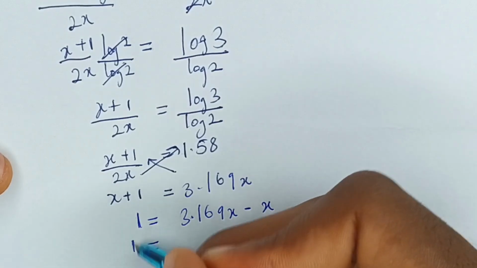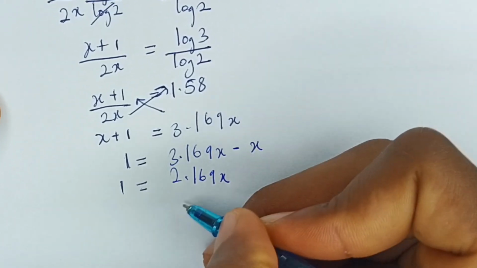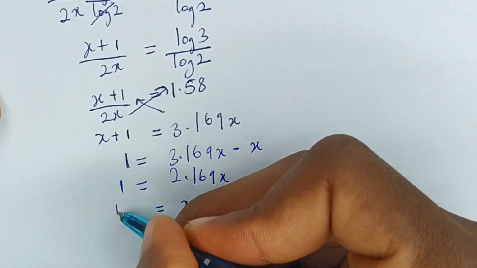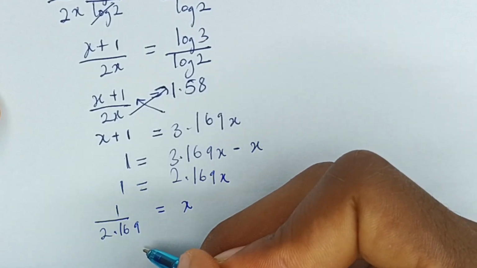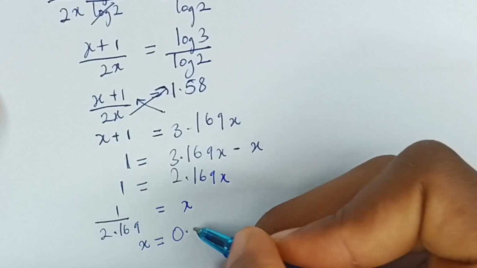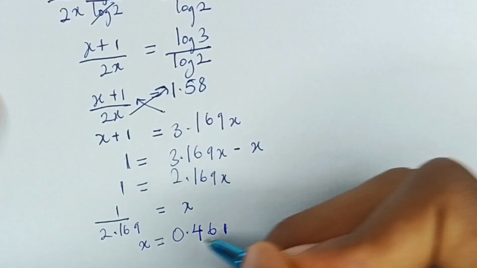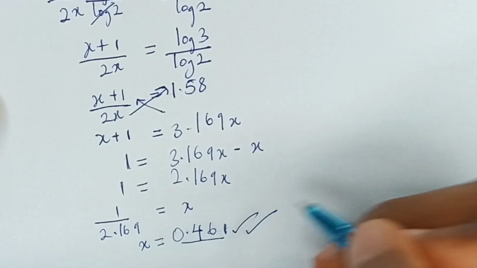This becomes equal to 2.169x. Hence, x is equal to 1 over 2.169. This means that x is equal to 0.461. And this is the answer to this question.